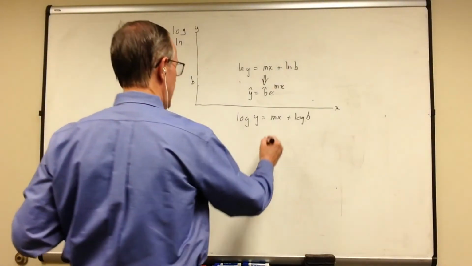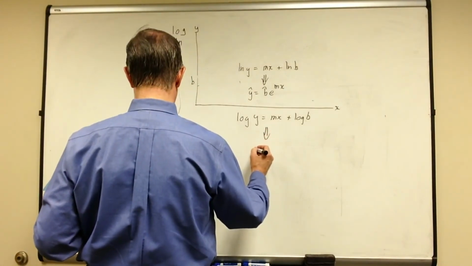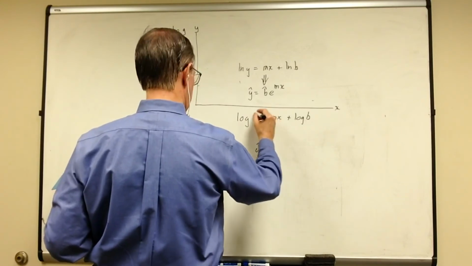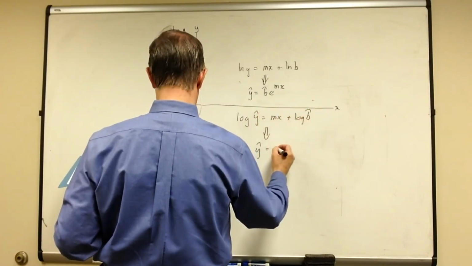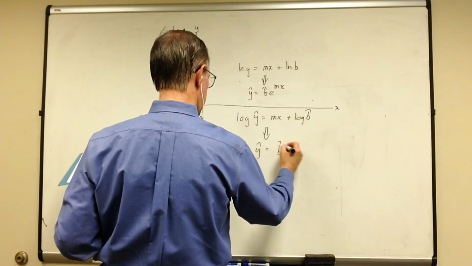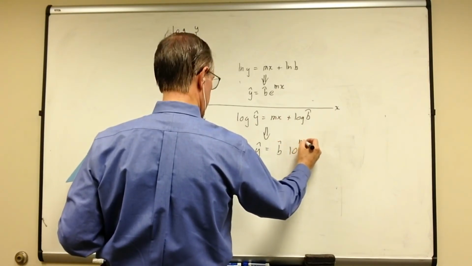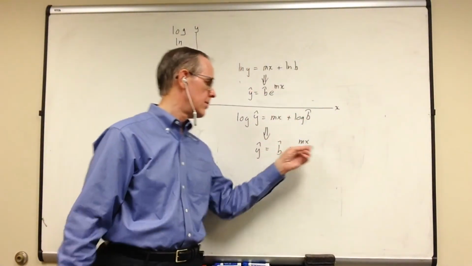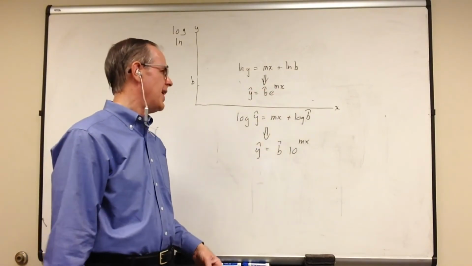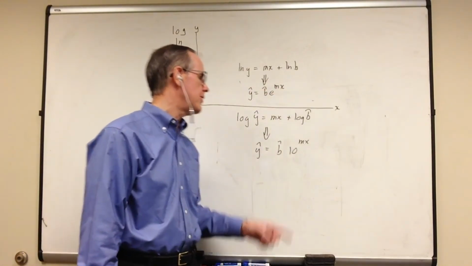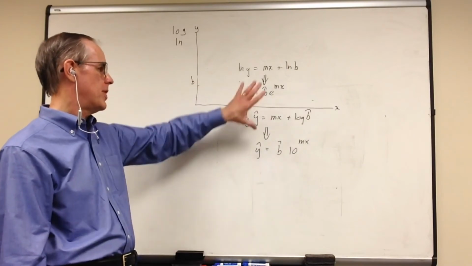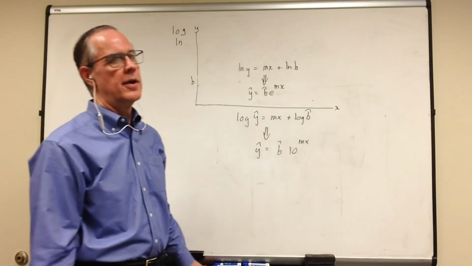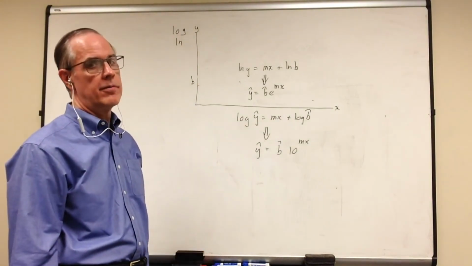That does to this equation, y hat, and actually these all should be hatted as well, is equal to b hat times 10 to the mx, the 10th power, as opposed to the e power. So you can do either one. Usually it's pretty much the same both ways. It's just that people were more used to common logs in the past, and that's how they did it.